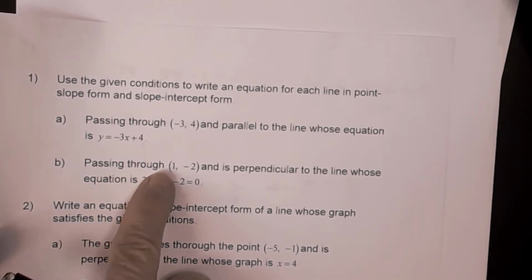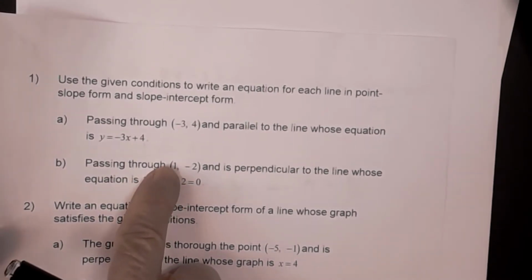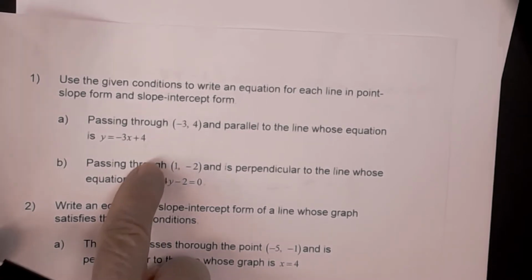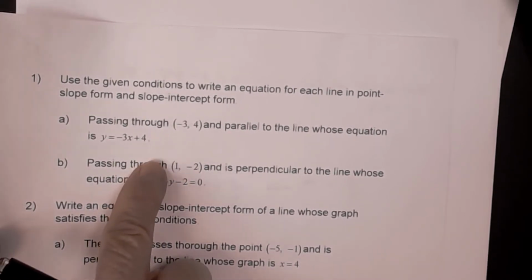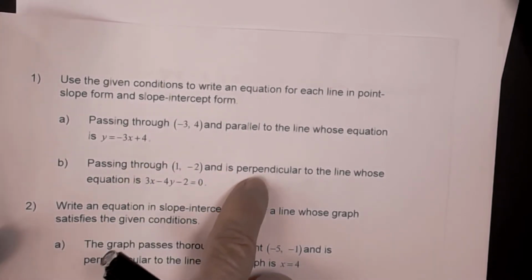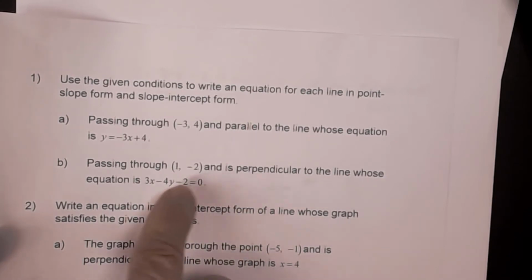In order to find the equation of this line, I have to know a point on that line, which I do, and I have to know the slope of that line. Well, the slope of that line is the negative, remember perpendicular, the negative reciprocal of the slope of this line.